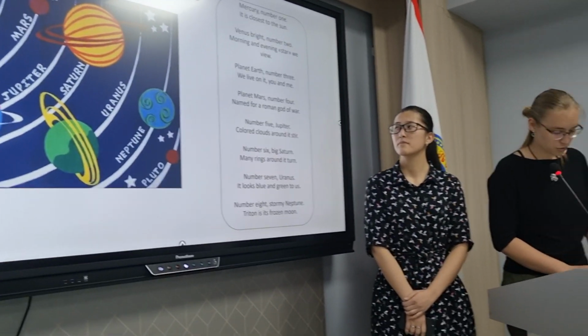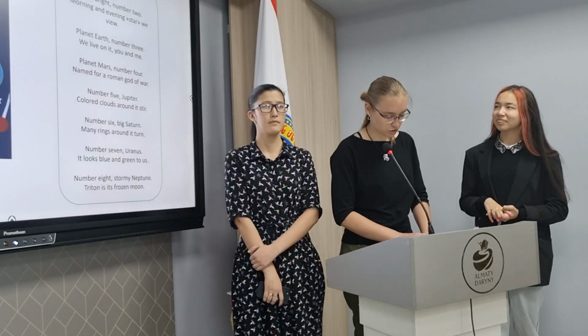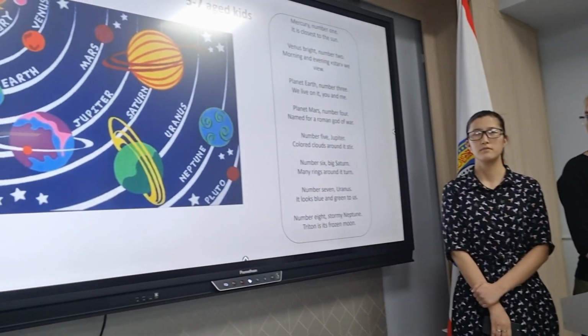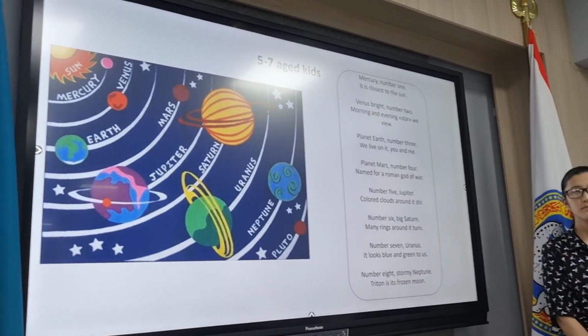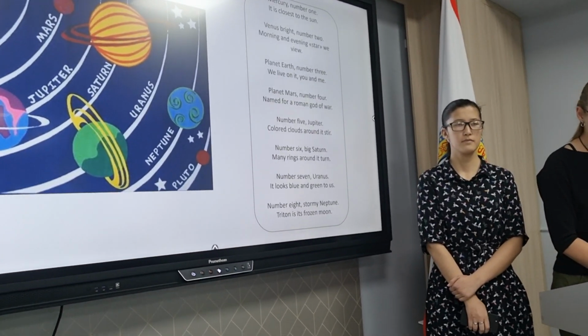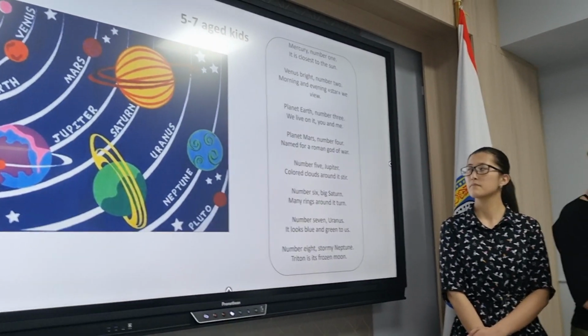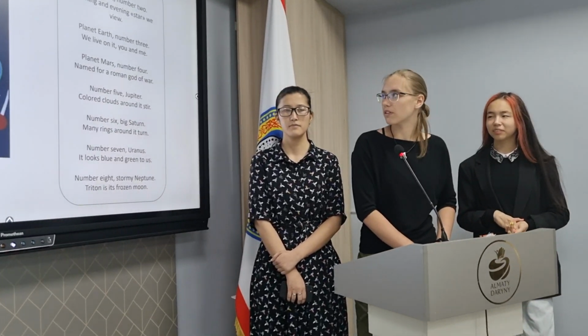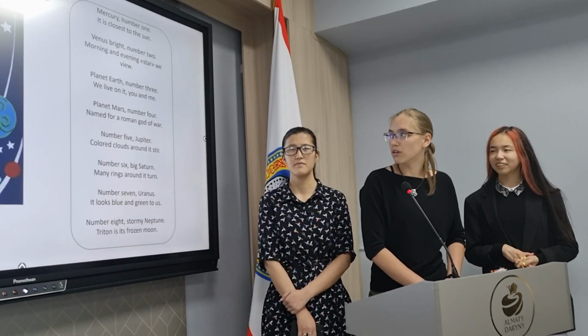So let's start with the 5 to 7 age group. Talking about planets, which planets do we have in our solar system? I take an example of a poem to remember all the planets in the solar system.